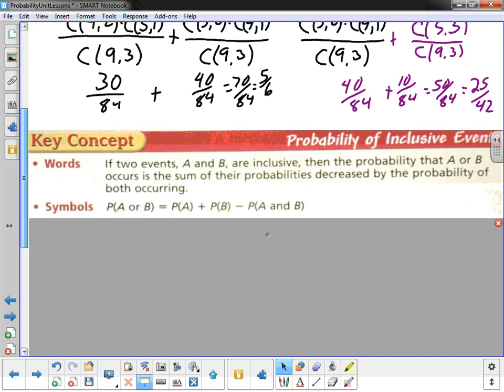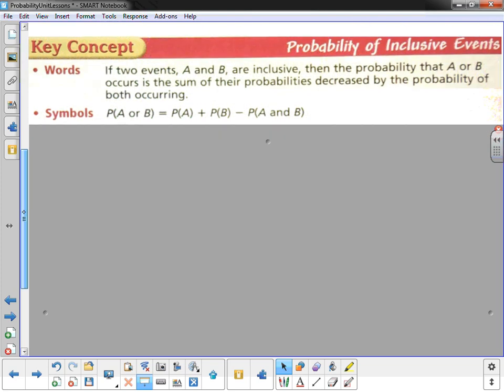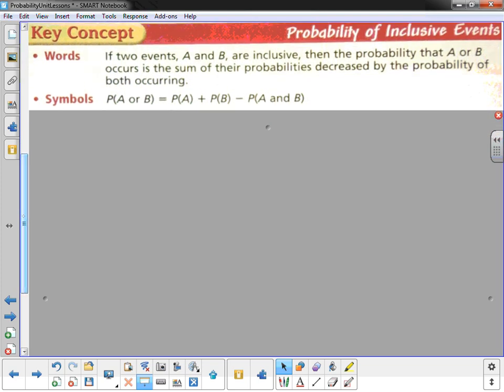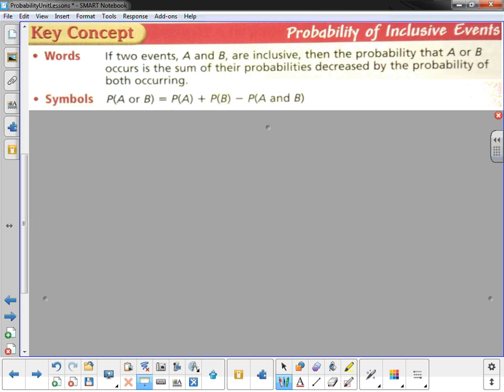If they're inclusive events, therefore there is an overlap. So if 2 events, A and B, are inclusive, then the probability that A or B occurs is the sum of their probabilities decreased by the probability of both occurring. That's what this last little segment here is. It's talking about what happens if they both occur.